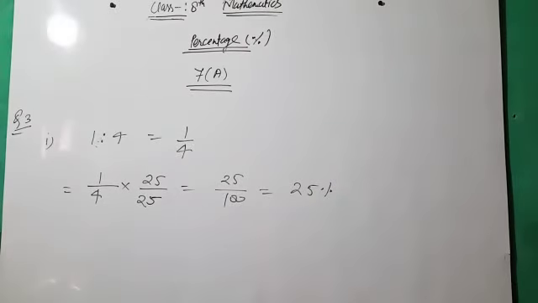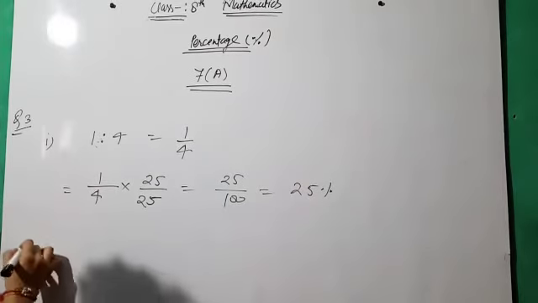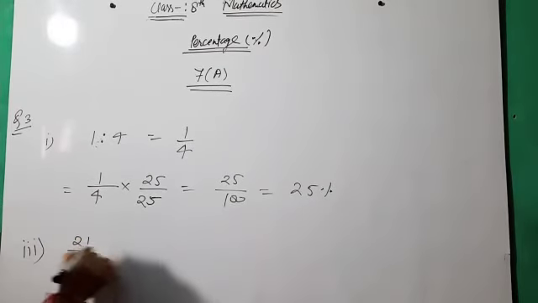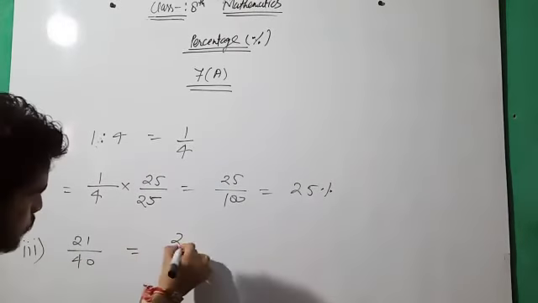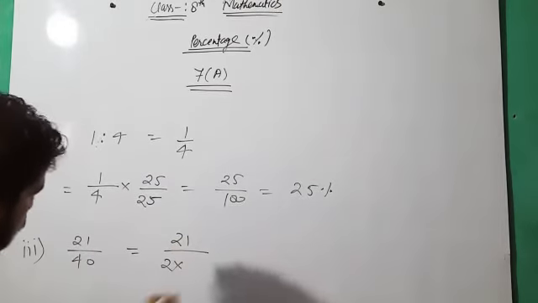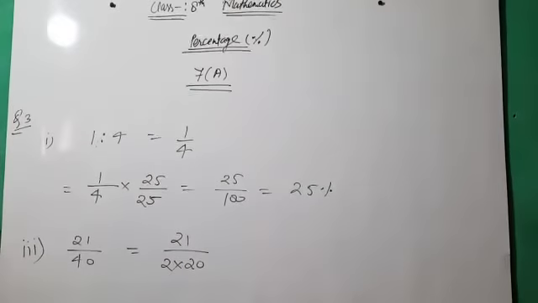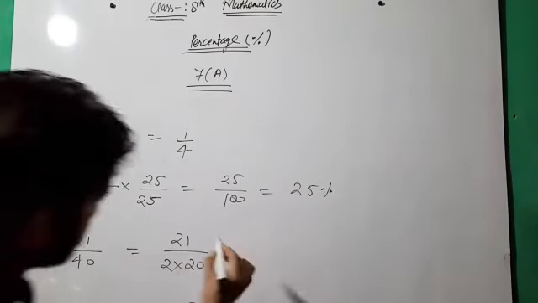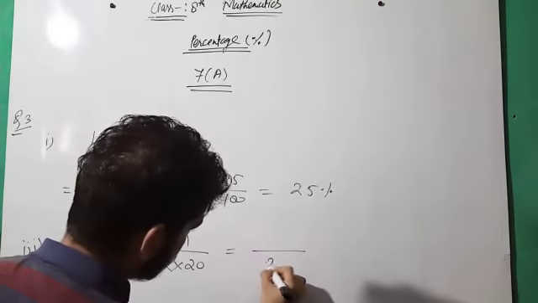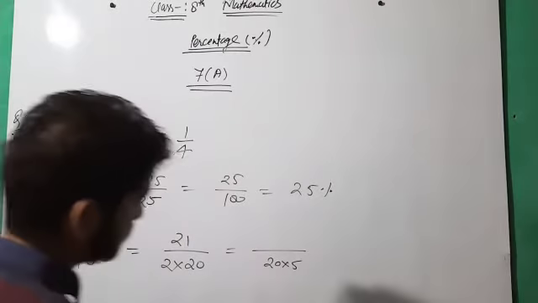Very simple. Now the second one is 21/40. Sorry, third one 21/40. Okay, 21/40 को चेंज करने के लिए 21/2 into 20. Can we say that it is 2 into 20? Okay. Now इस क्वेश्चन में हमको क्या करना है, 20 if you multiply 20 into 5 then it becomes 100.